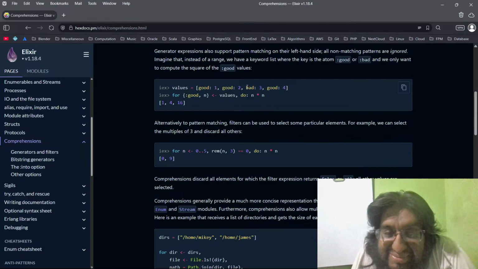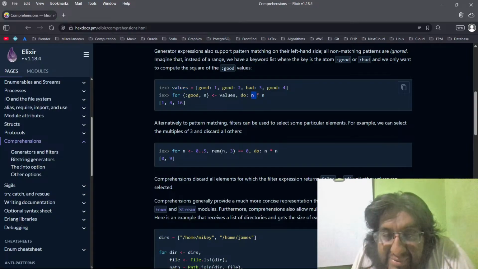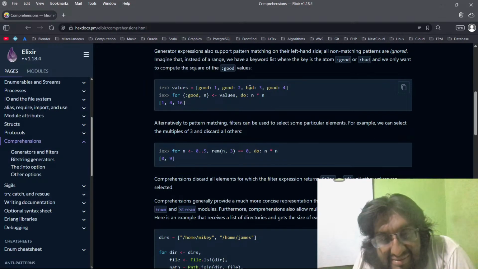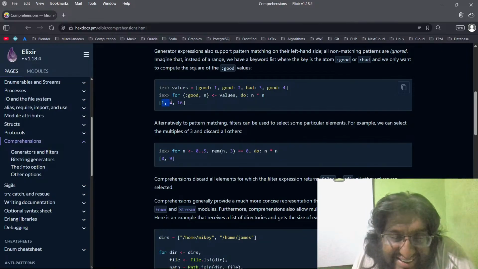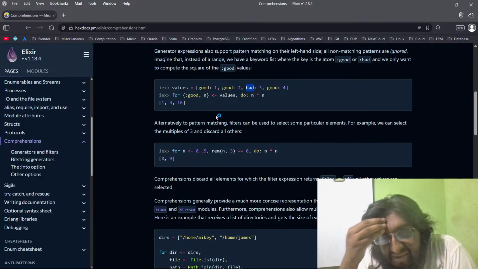Good, good, bad, good, and then you apply this for values, and again you multiply m times n, but you are doing pattern matching, and you're saying only the goods, only the goods, this, this, and this. Since this does not pattern match, it is discarded. Discarded. We get three values because we have one bad. So remember this, write it into your memory.